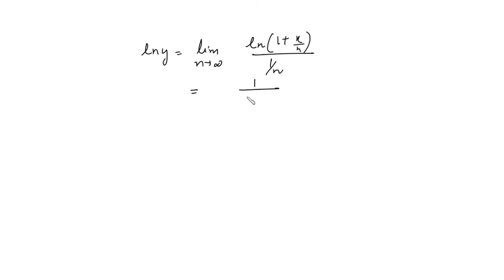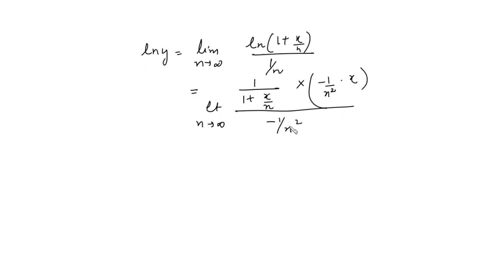So this will be 1 over 1 plus x by n into the derivative of the inside, minus 1 upon n square into x. Similarly, take the derivative in the denominator with respect to n. You will have minus 1 upon n square, so this will be cancelled out. Right? You will be left with x upon 1 plus x by n.